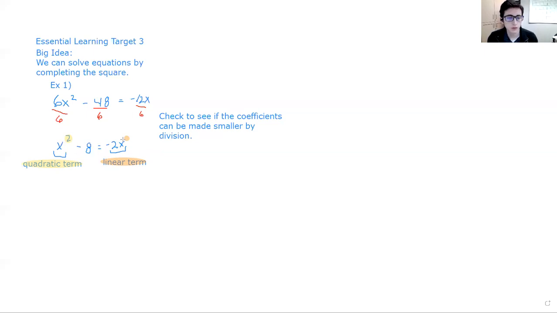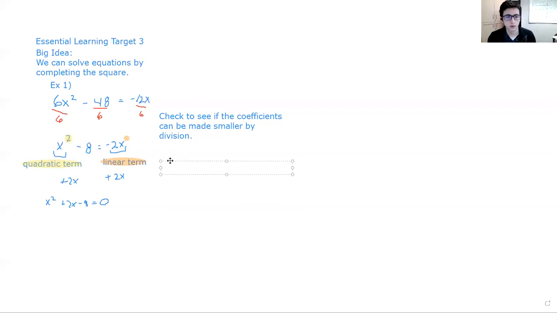So we want to move all the x's to one side. Since this is the quadratic term, we want to keep it positive. So we don't want to move this one over here. We're going to move the negative 2x over here, so we're going to add 2x to both sides, like so. And that'll zero out the terms on the right, and we're going to have x squared plus 2x minus 8 equals 0.